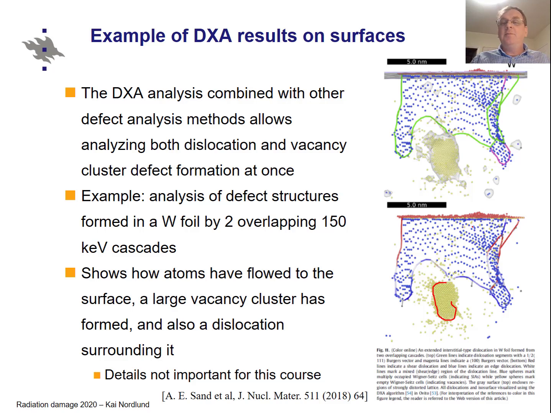The details are not important for this course. This is just to illustrate that by combining atomic defect analysis and the DXA analysis, one can get a very good picture and also quantitative analysis of what kind of dislocations are formed in collision cascades.